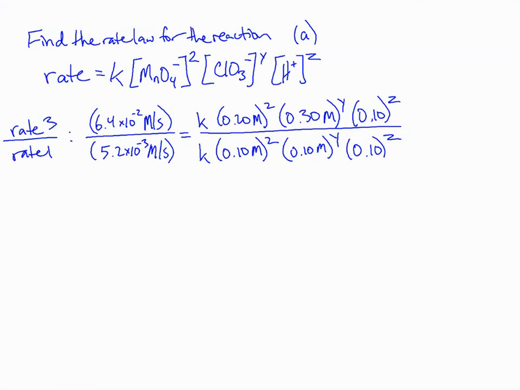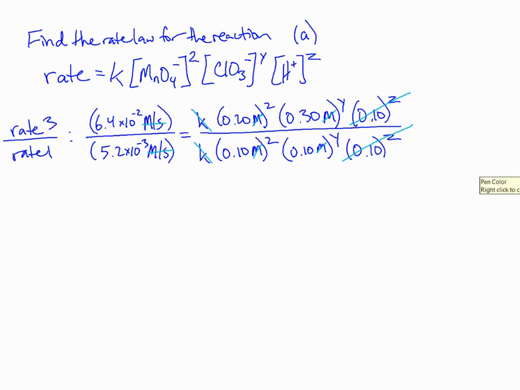We can cancel a few things out before we go any further, just to clean things up and make it a little easier. Looking at these rates, their units, molar per second, will both cancel out. The rate constant is on top and bottom, so they will cancel out. The 0.1 to the Z will cancel out, and also the molar will cancel out.